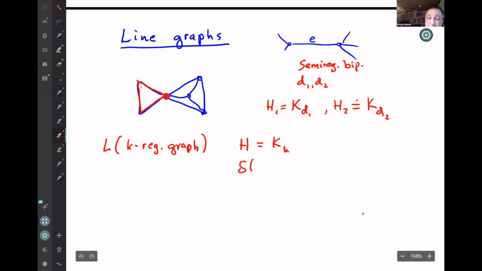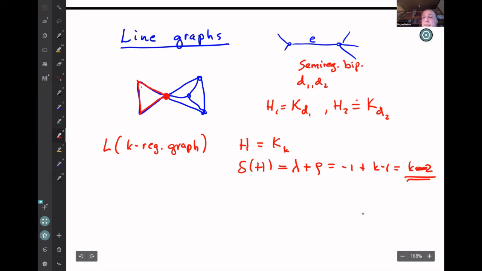So let me just mention delta of H, the smallest eigenvalue. This is lambda plus rho. The largest one is k minus 1, and the smallest one is minus 1, which gives k minus 2.